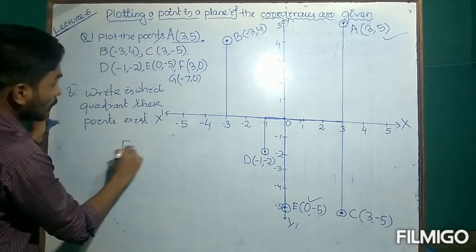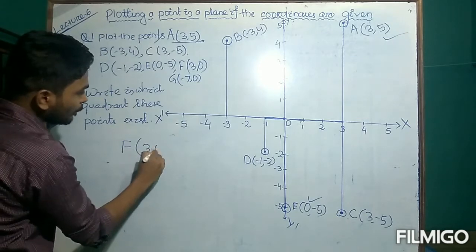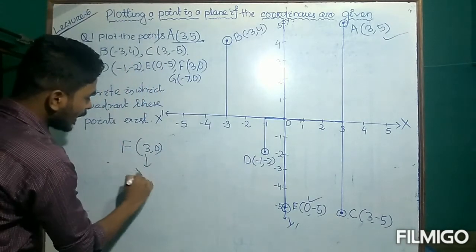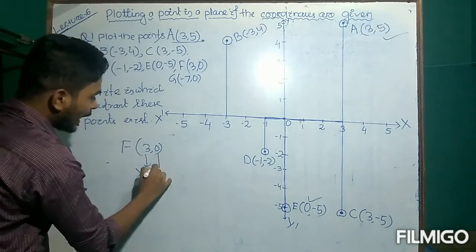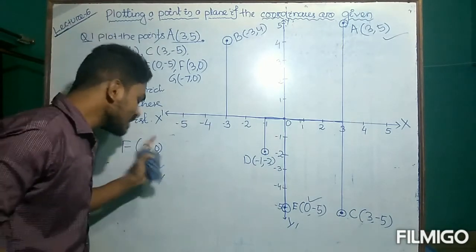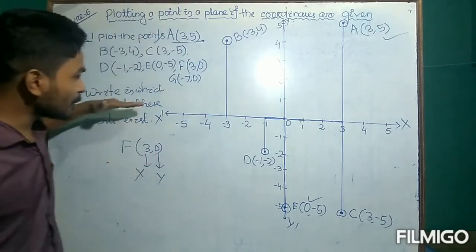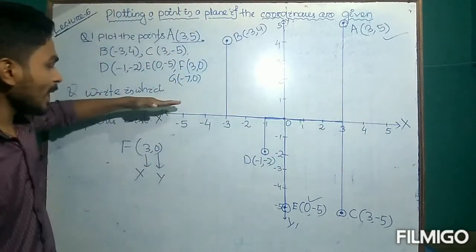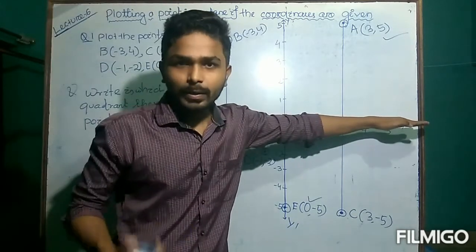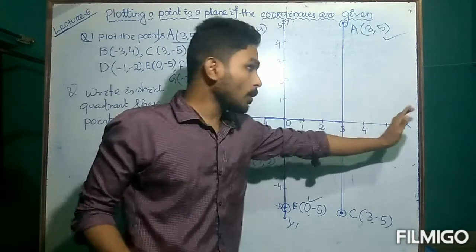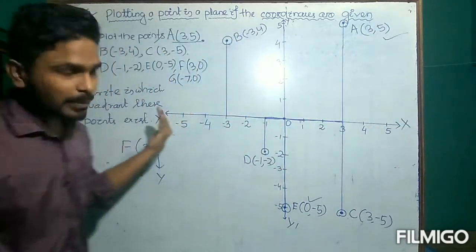Clear? So first find the position of the point F (3, 0), and in this point the x coordinate is 3 and the y coordinate is 0. Since the y coordinate is 0, it suggests that this point should lie on the x-axis. Why? Because its y coordinate is 0. Now it is confirmed that it should lie on the x-axis, but we do not know whether it lies on the positive direction or the negative direction of the x-axis.